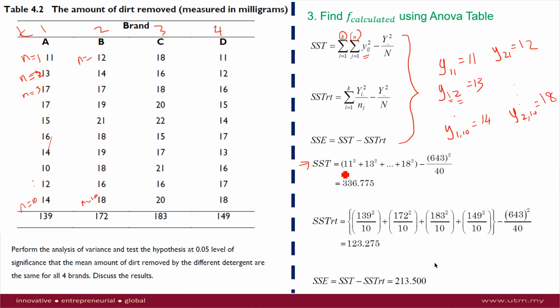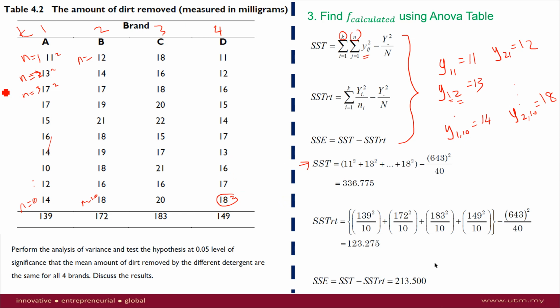So the yij squared means you have to substitute all the values inside the table into the formula. That means 11 squared plus 13 squared plus 17 squared, until the 18 squared.